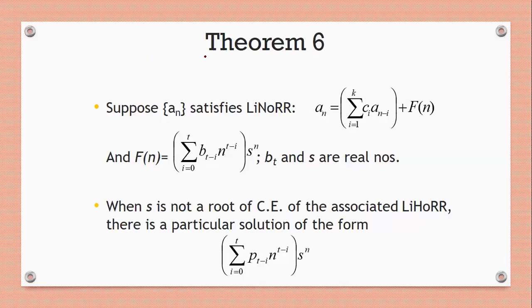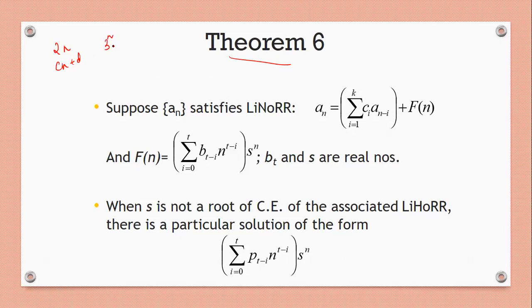Theorem 6, which is basically, so if you remember, while we were taking particular solution for theorem 5, we were just assuming what the solution might be. So if you remember, I had taken for 2n, the particular solution can be cn plus d, where both c and d are constants.